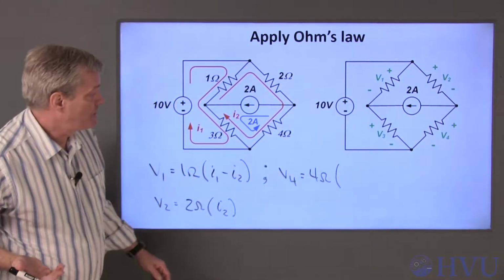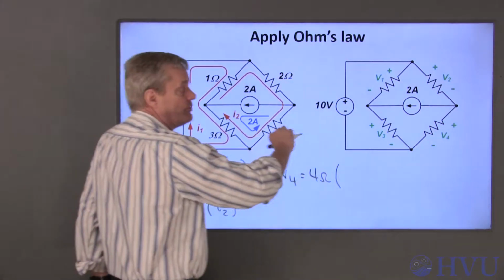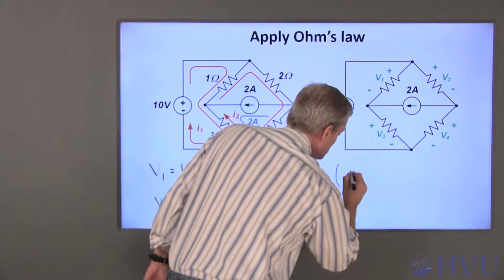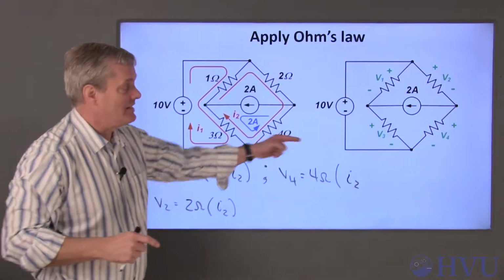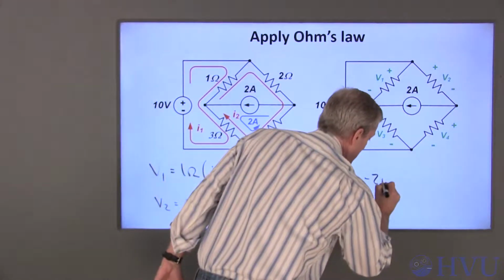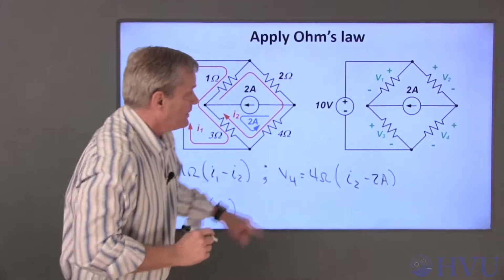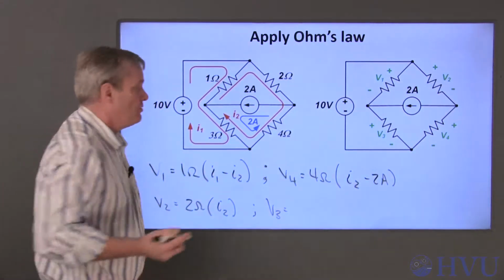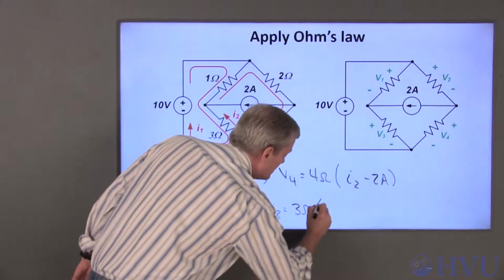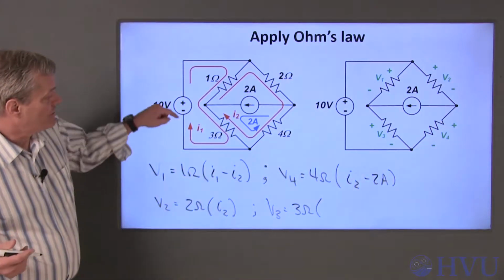times the sum of the mesh currents going through this. I2 is entering the positive terminal, and the constrained 2 amp current is going into the negative terminal. I subtract that off. Finally, for V3, that's equal to 3 ohms, its resistance, times the sum of the mesh currents.